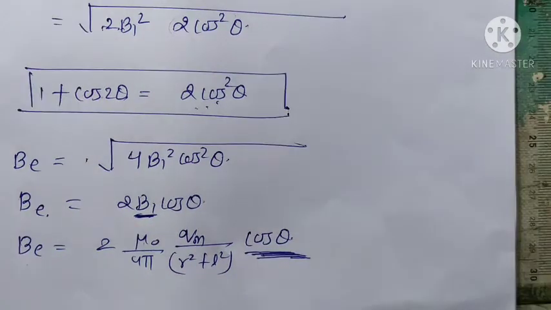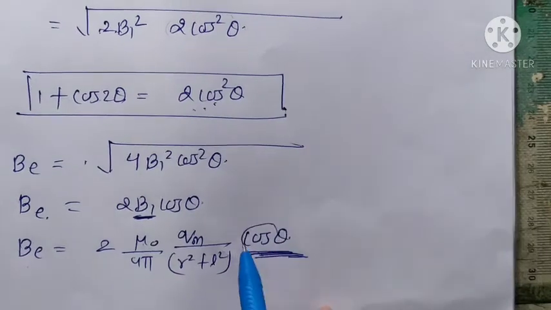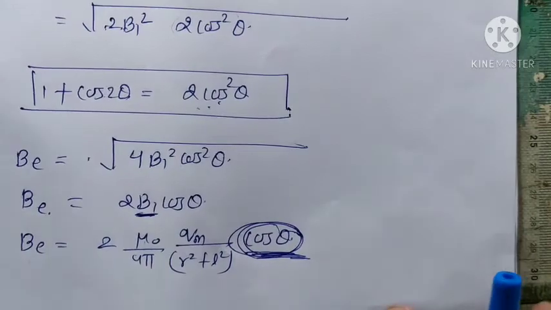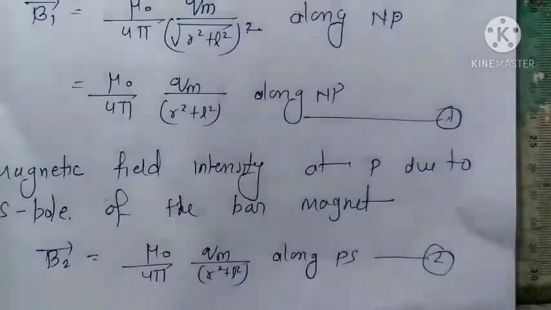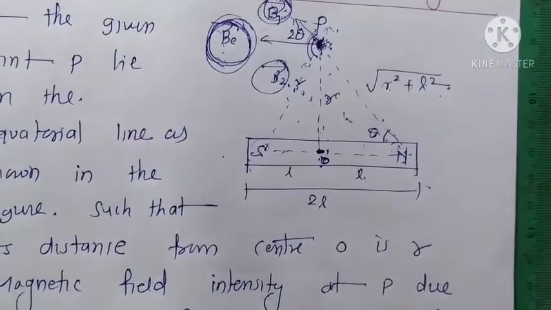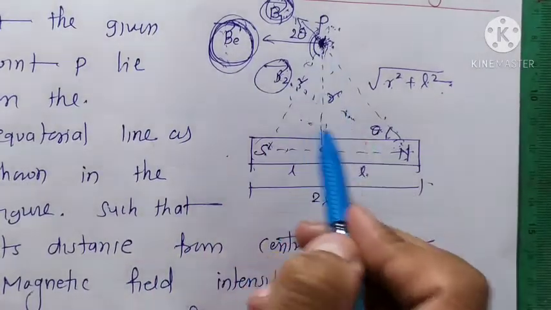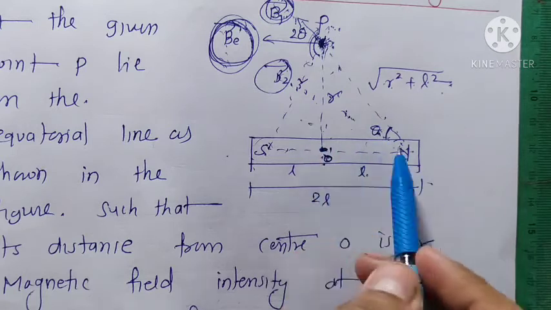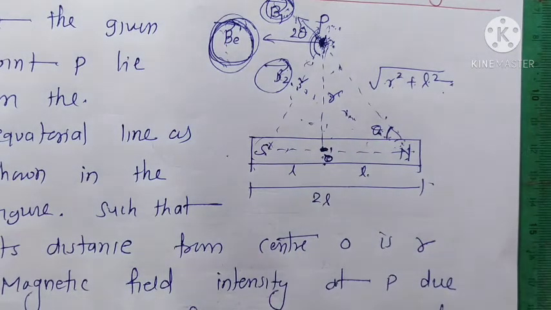Now we have to find the value of this cos theta. We have the figure, so we use this figure. This is the right angle triangle and this is the angle theta, and we have to find cos theta. How do we find cos theta?